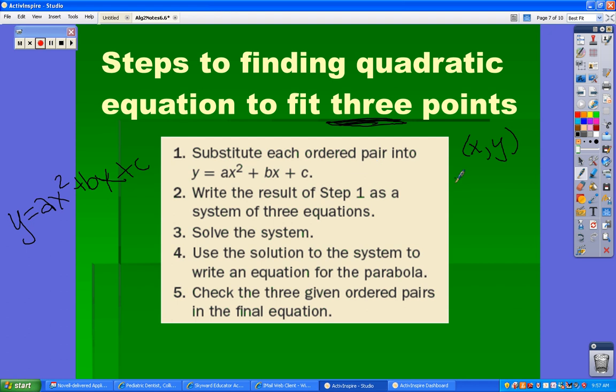So you're going to get something like 2 equals 1a plus b plus c. You're going to get a system of 3 equations with 3 unknowns. A, b, and c are going to be in all 3 of these. So maybe you get 8 equals 2a plus 2, it'll be 4a, I guess, plus 2b plus c, and maybe 16 equals, I'm just totally making this up, okay?